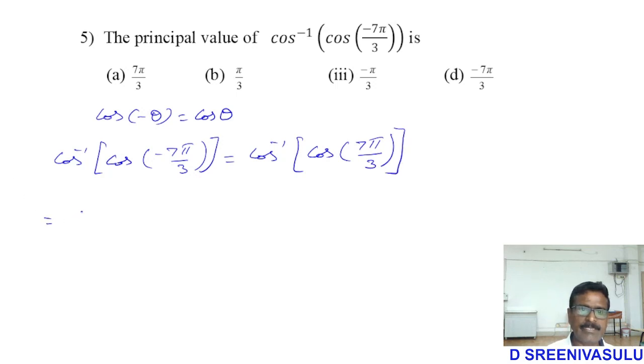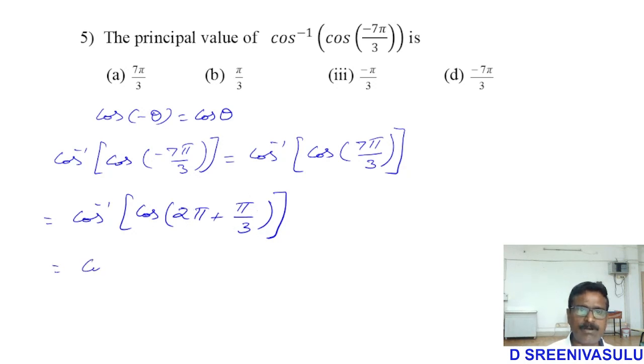Now 7 pi by 3 is 2 pi plus pi by 3, since 3 twos are 6 and 6 plus 1 is 7.